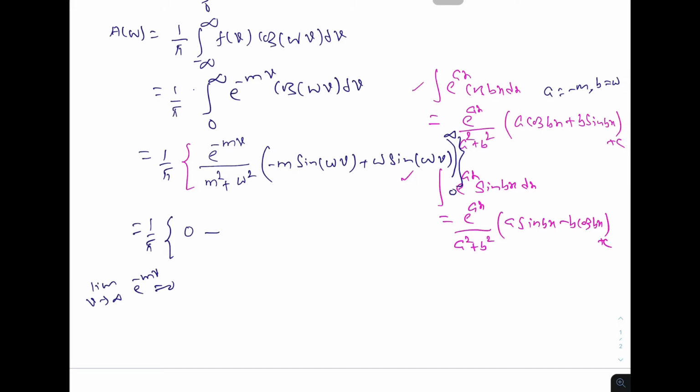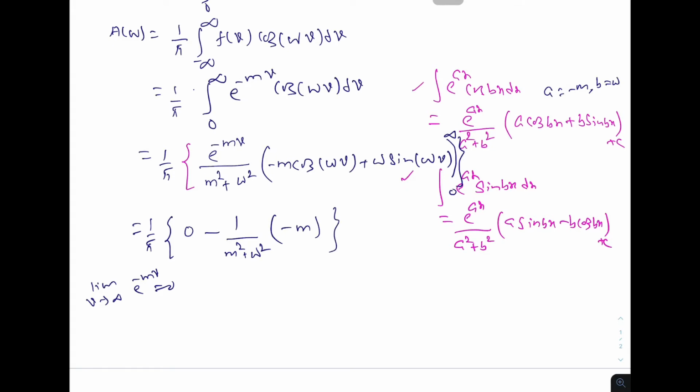Then for the lower limit, v is 0, so e power minus mv is 1, giving 1 over m square plus omega square times minus m cosine 0, which is minus m, and sine 0 is 0.